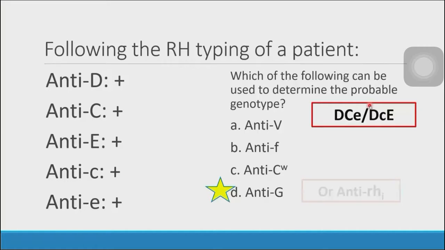So, if walang anti-G, you can use anti-Rh sub I. Again, the Rh sub I antigen is present on RBCs that are big C positive and small e positive red cells.